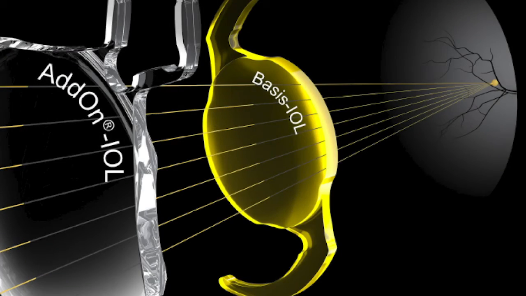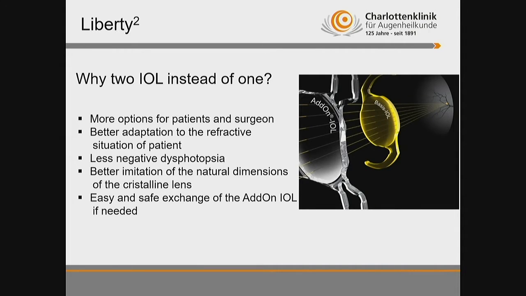Today, we wanted to have a look at the Liberty Square system, and hopefully I was able to show you what this means. But why put 2 IOLs instead of 1 inside the eye? I think we have more options for the patient and surgeons with a better adaptation to the refractive situation.